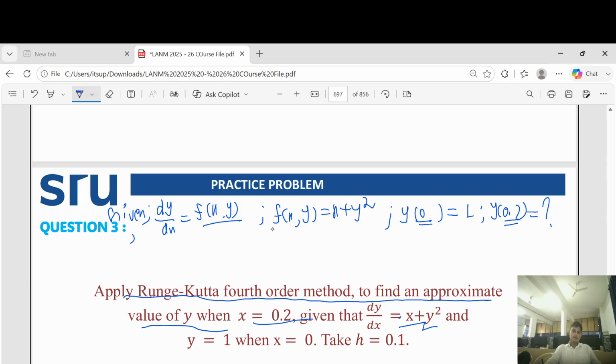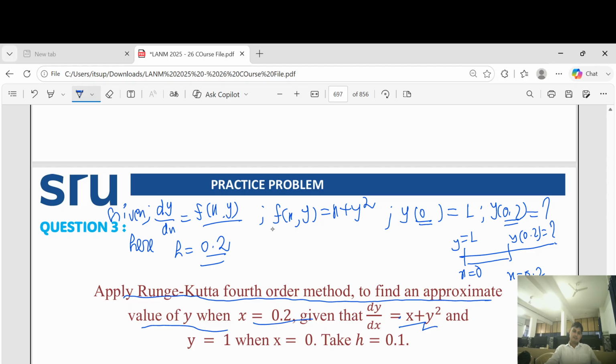So here we take the h value as 0.2. In the x-axis, at x equal to 0, y is given as 1. At x equal to 0.2, this will be evaluated.